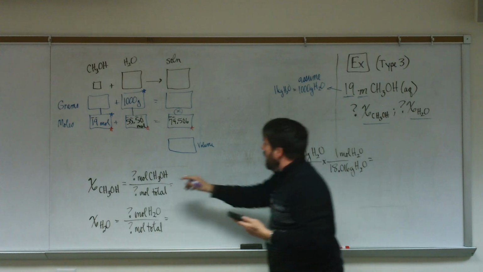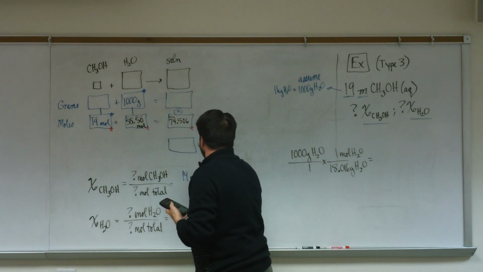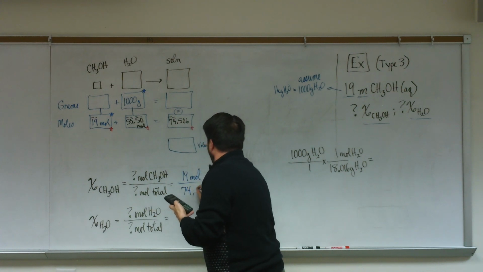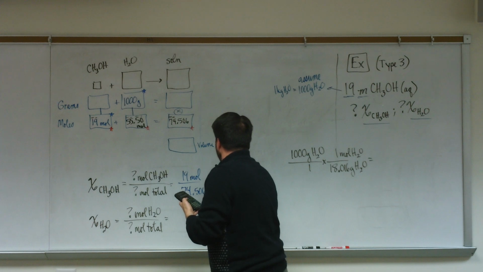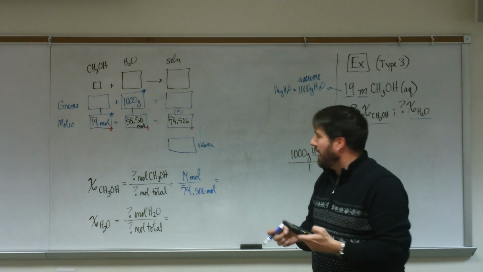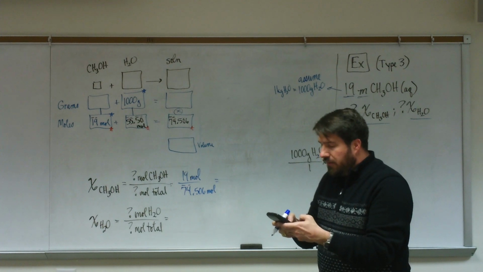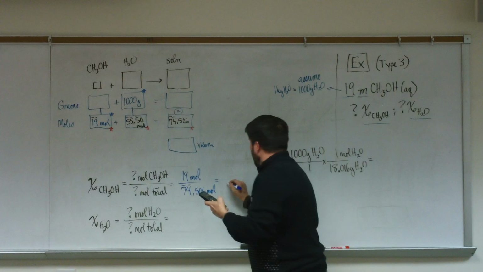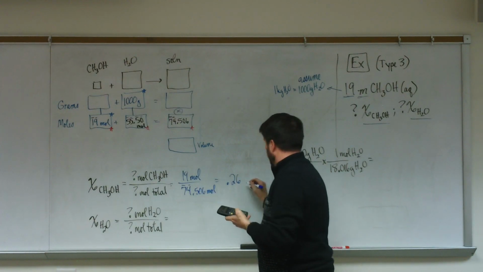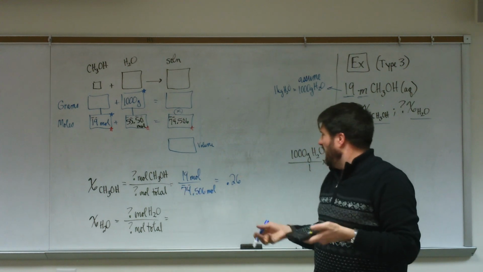I have the moles of CH3OH, 19 of them. And then I have the moles total, which is here, 74.506 moles total. There's only 2 significant figures allowed. I have the full numbers on my calculator. I'm not rounding them until the end. So doing this division, you should be able to prove that this is 0.26 mole fraction.